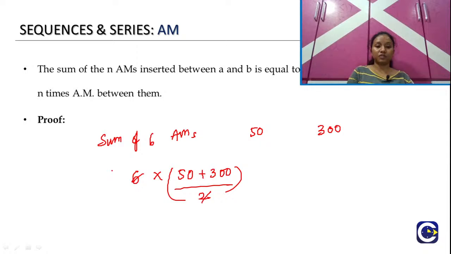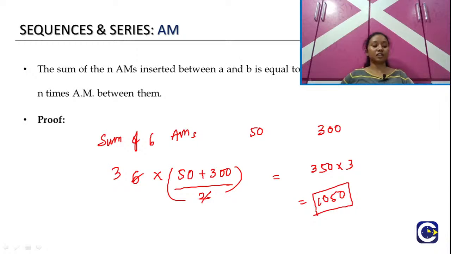That means here it will be 350 into 3. So directly, the sum of the 6 arithmetic means inserted between 50 and 300 is equal to 1050.